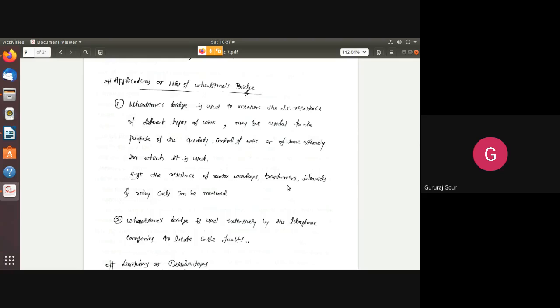So today we have seen how to define the bridge, how the bridge is more accurate than the DVM in measuring resistance, how to explain the structure of the Wheatstone bridge, its operation, and how to derive the Wheatstone bridge balance equation.